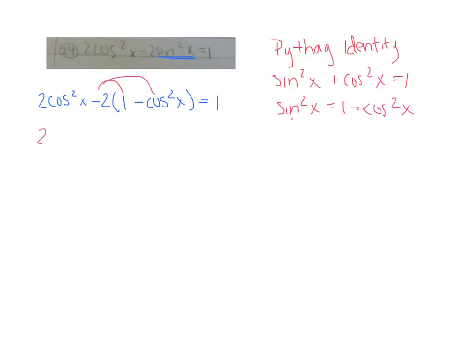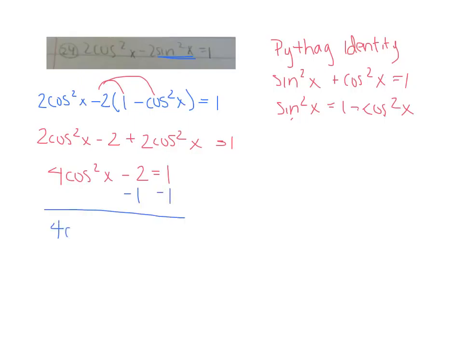So we're getting 2 cosine squared minus 2 plus 2 cosine squared equals 1. So combining like terms, we have 4 cosine squared x minus 2 equals 1. We want to go ahead and get this equal to 0, so we subtract 1 on each side, and we get 4 cosine squared x minus 3 equals 0.